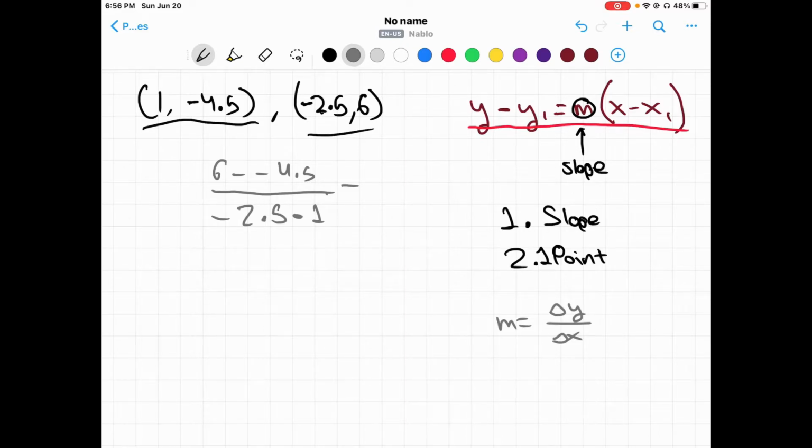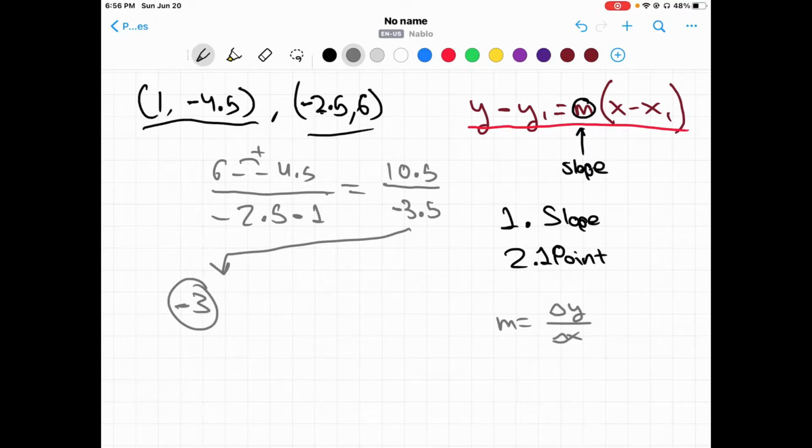Okay, so now we would have 6, this becomes a plus 4.5 would be 10.5 over negative 2.5 minus 1 would be negative 3.5, and this would then simplify down to negative 3, which would be your slope.